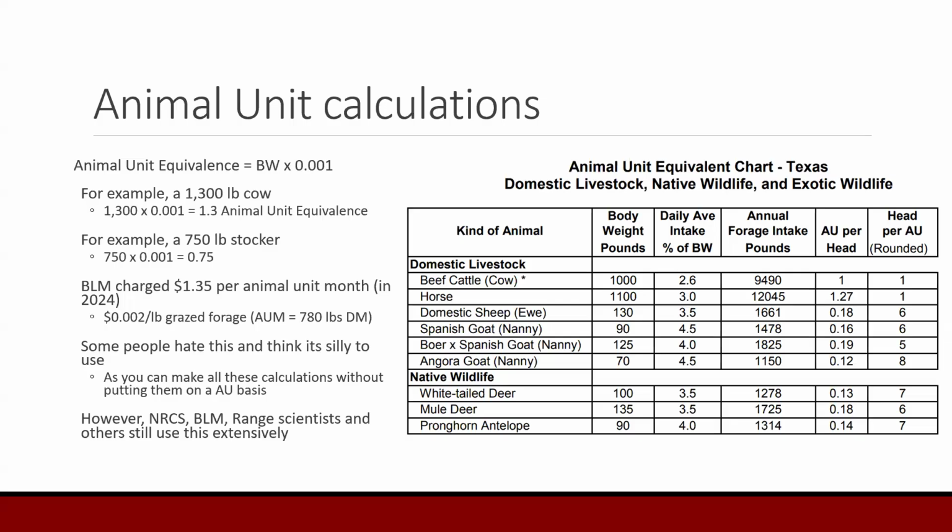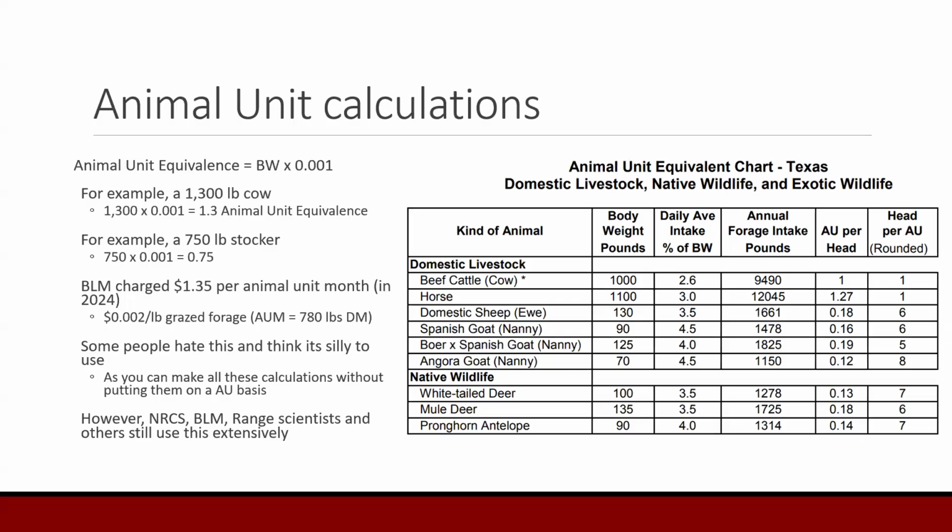So one animal unit day, AUD, is equal to 26 pounds of forage dry matter. That makes sense? So 26 times 30. Not every month has 30 days, but we do that for simplicity's sake. So 26 times 30 is 780.